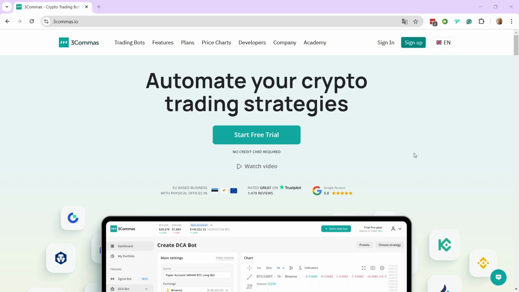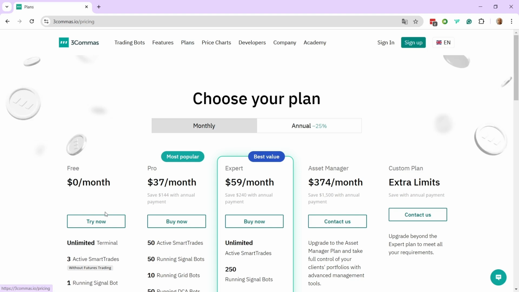Okay? You can try 3Commas for free, as you can see here. You can test for 3 days, I think, without paying anything, so you can make sure it works for you before actually paying. And they also provide several trading plans that you can use.